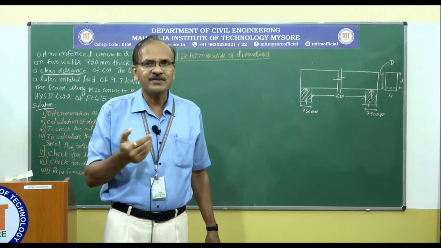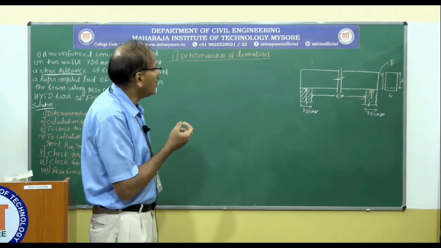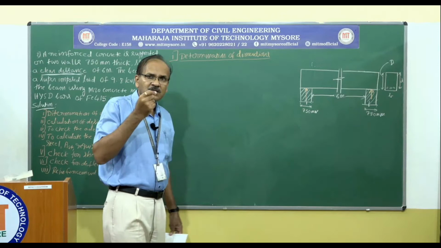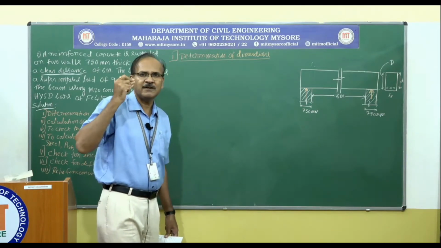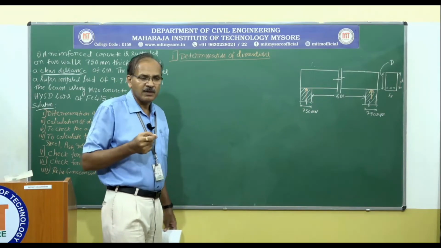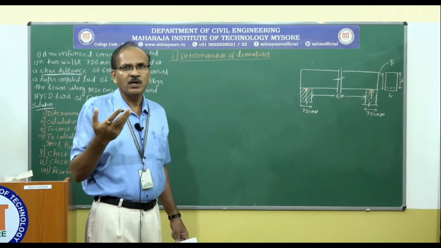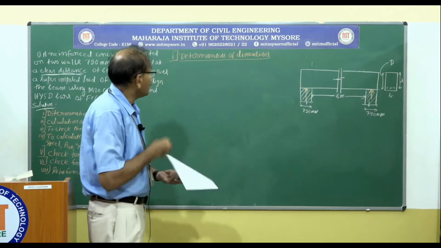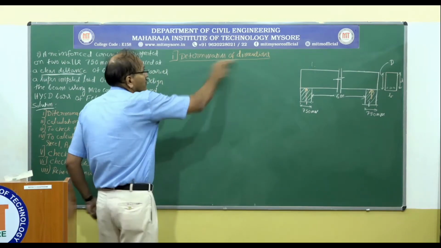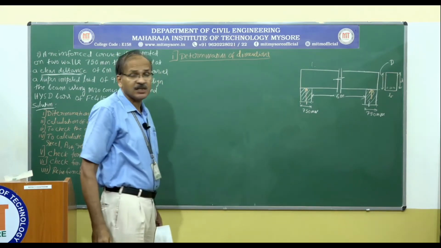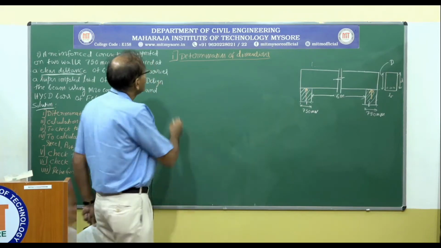So that's what the design is. Here we don't know. Unless we find out the cross-sectional dimensions of the beam, we cannot find out what is the dead load. Is it clear to you?